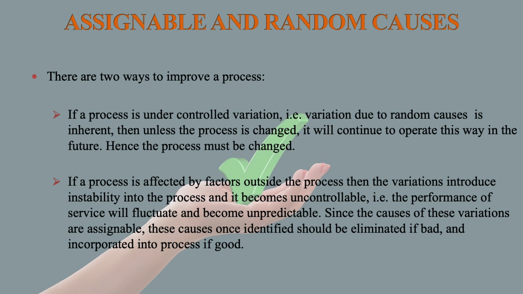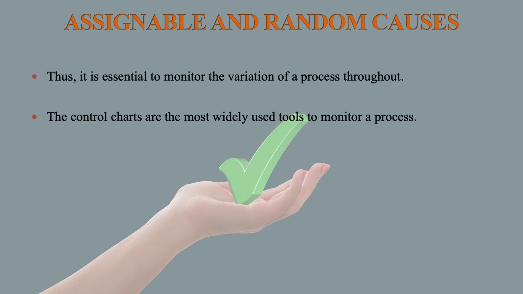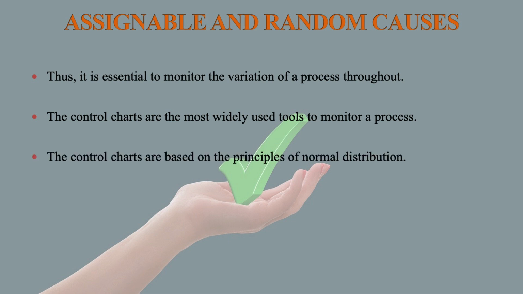Since the causes of these variations are assignable, these causes once identified should be eliminated if bad and incorporated into the process if good. Thus, it is essential to monitor the variations of a process throughout. The control charts are the most widely used tools to monitor a process. The control charts are based on the principles of normal distribution.